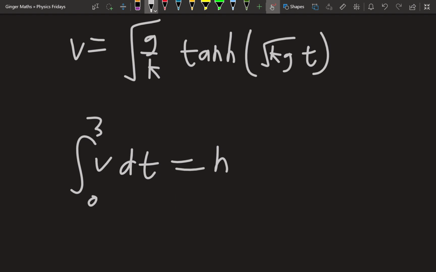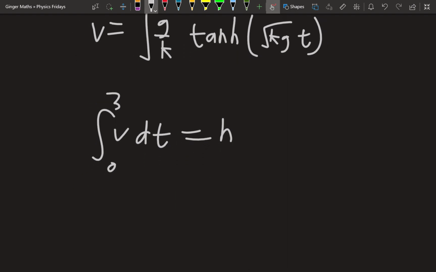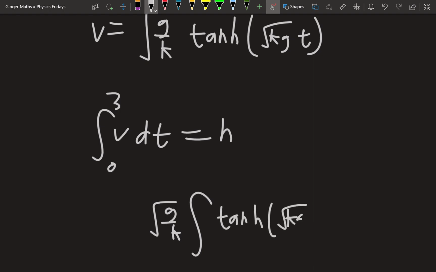So what we're going to do is, square root of g over k times the integral of tanh of square root of kg times t dt.